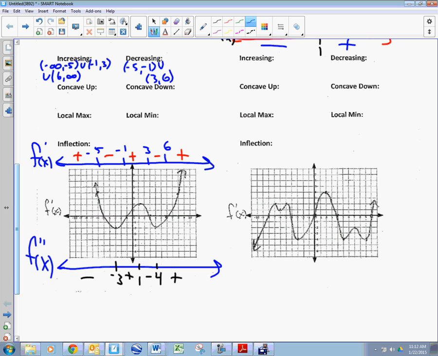Concavity. Concave up: -3 to 1 and -4 to infinity. Concave down.